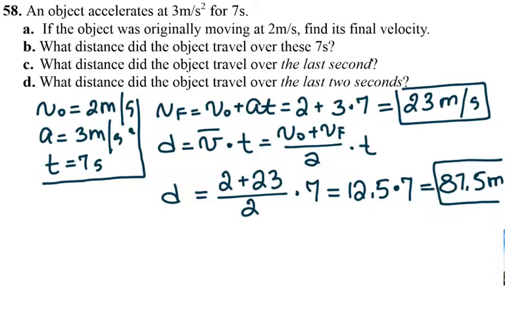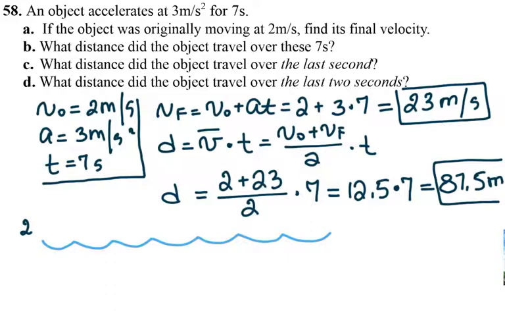What distance did the object travel over the last second? Okay, then I'll have to do the graph. So I have 7 seconds: 1, 2, 3, 4, 5, 6, 7. And I start with 2 meters per second.